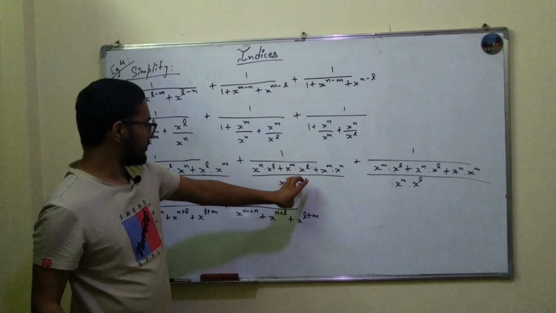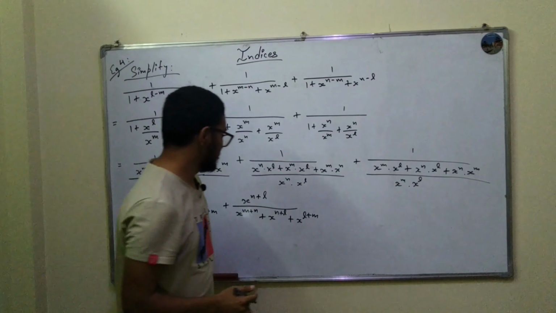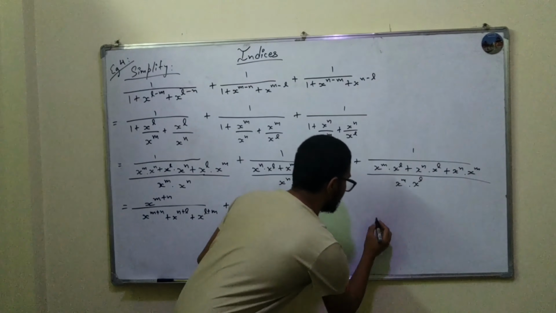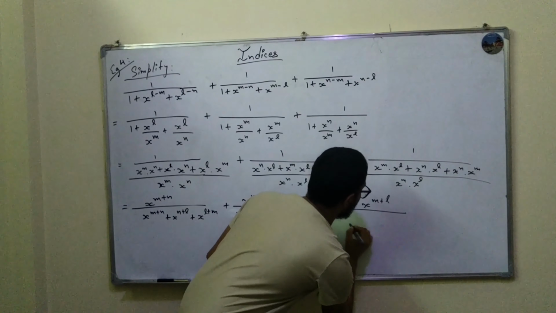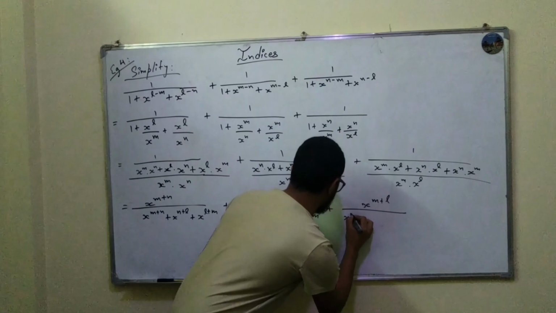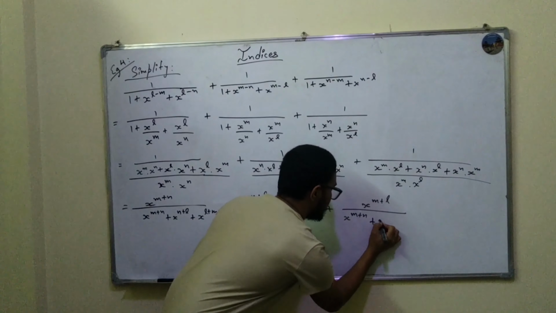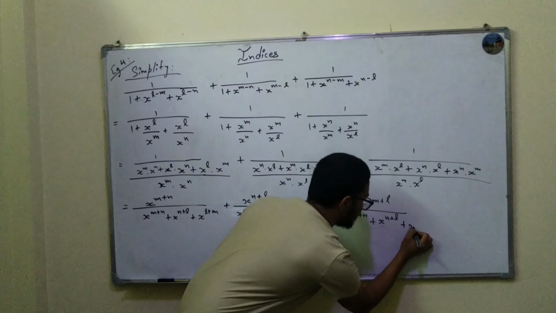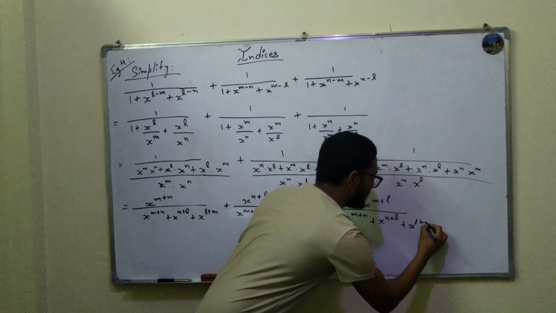So this is just shifting it here and there. Same thing over here as well. So x to the power n plus l. In the base, you will have x to the power m plus n plus x to the power n plus l plus your x to the power n plus n.